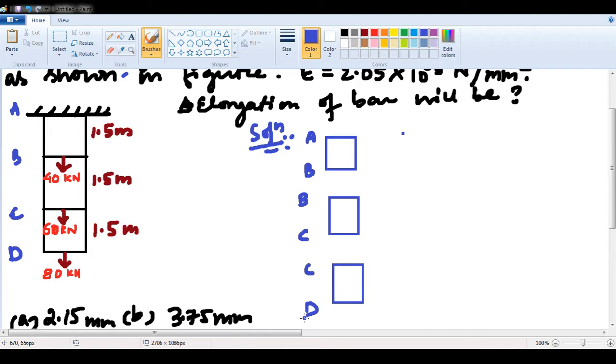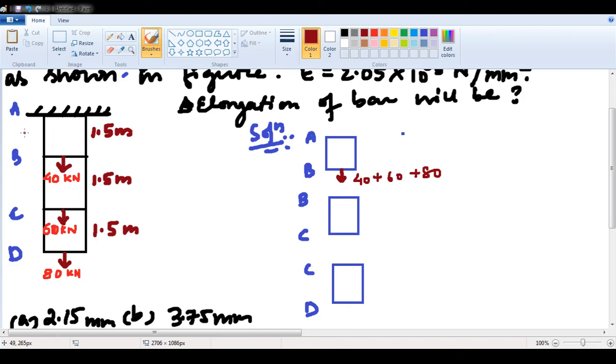So let us check what is the load in each. So if you see here, this will take a load of how much? 40 plus 60 plus 80. How to understand it? Say AB is you and you are hanging from a roof, and on your leg there is one more person BC hanging, and again on his leg there is a person CD hanging on him.